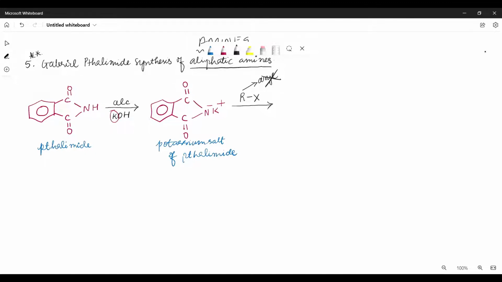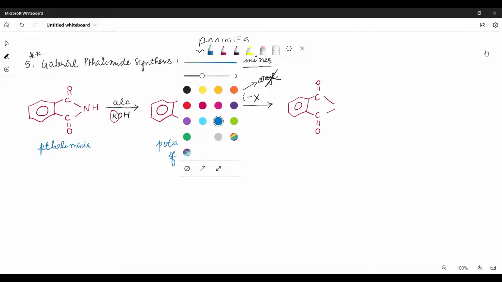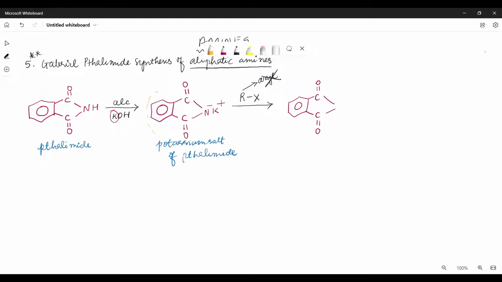Why cannot it be an aryl group? We'll come to it again. So what is the product formed when you add RX to potassium salt of phthalimide? Benzene, C double bond O, C double bond O. Here what happens is this whole thing acts as a nucleophile.